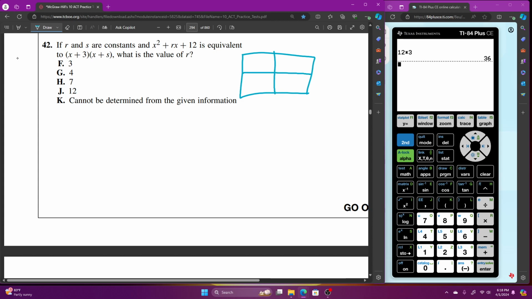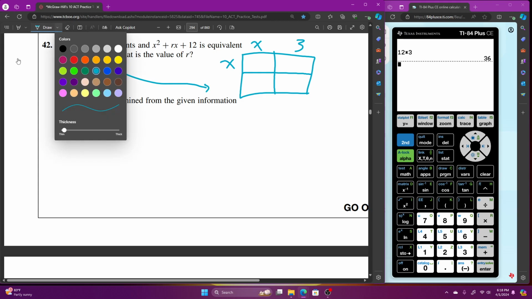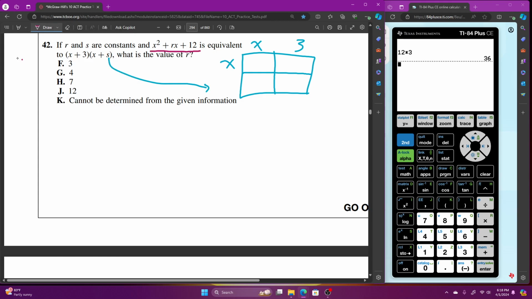We know we have x plus 3, and we have x plus something, s. We don't know exactly what it is, equals this right here.